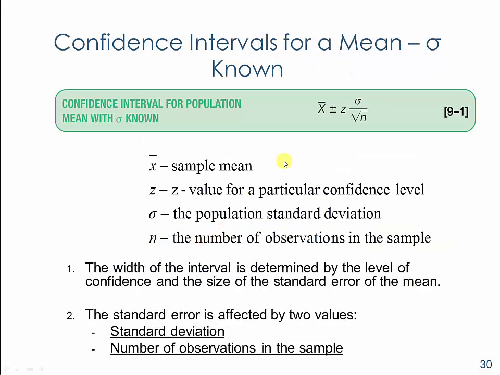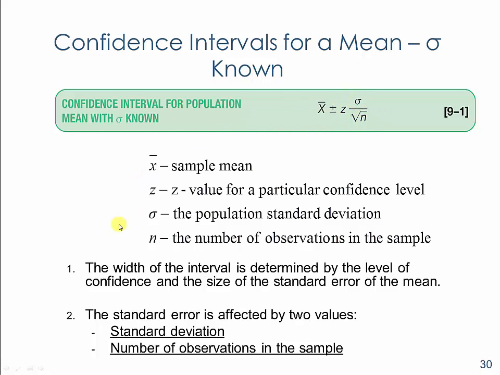So again, the confidence interval is a point estimate, in this case the sample mean, plus and minus some margin of error. So this whole calculation here, the z times the standard deviation divided by the square root of n, that is our margin of error.